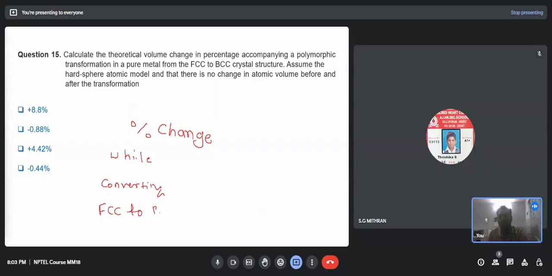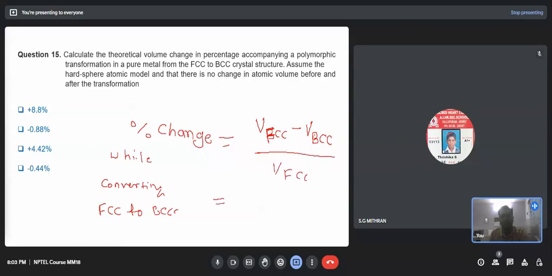For that, how can we calculate? First, we have to calculate the volume of BCC upon volume of FCC.